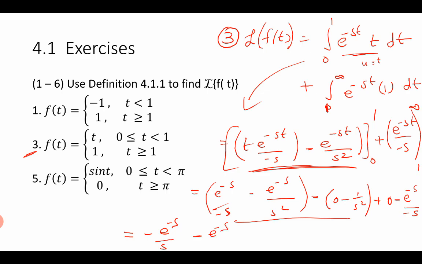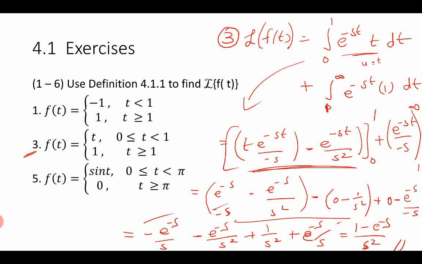Second term, minus e power minus s over s square, plus 1 over s square. Finally, plus e power minus s over s. The first term and the last term cancel. The rest is the answer. The answer is 1 by s square is common, so we can write 1 minus e power minus s. This is the answer for the second problem.